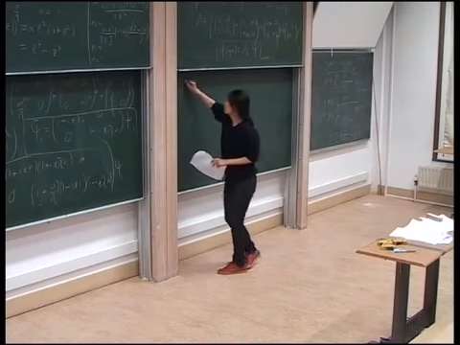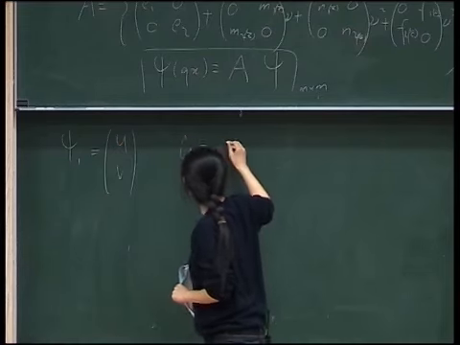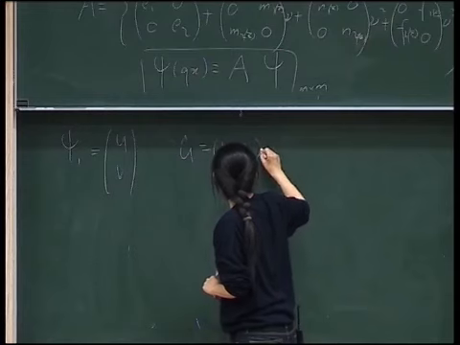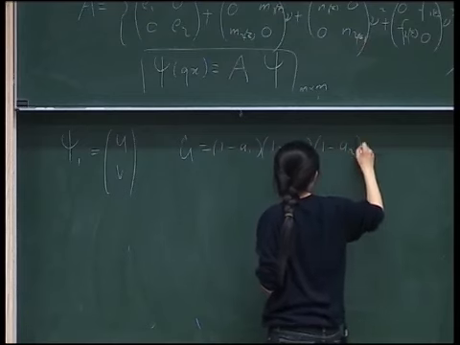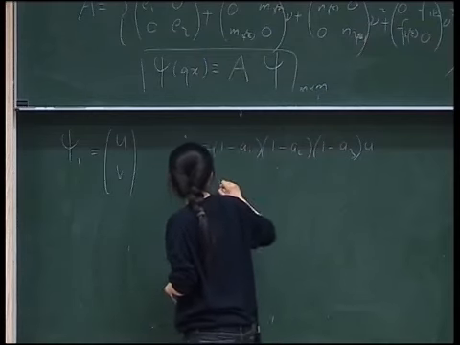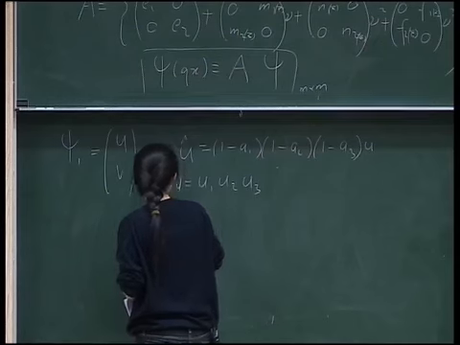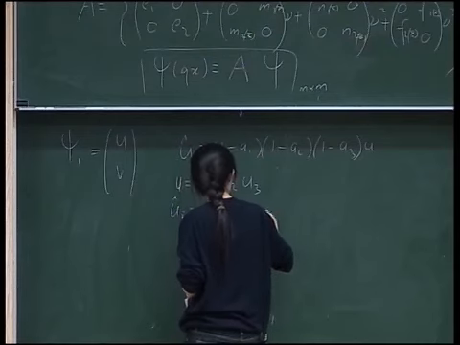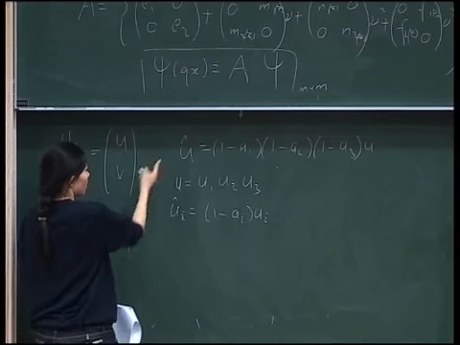So let phi equal u and v, and u is equal to, let me call these a1, a2, a3, u. To solve this, I let u equal to, where I is equal to 1 minus ai ui, so that you satisfy this equation.